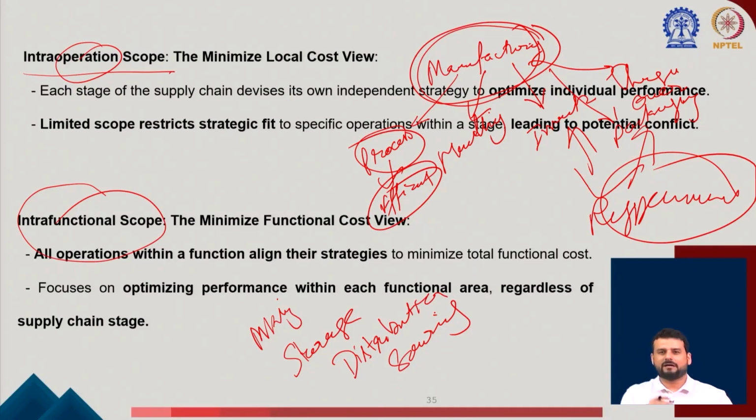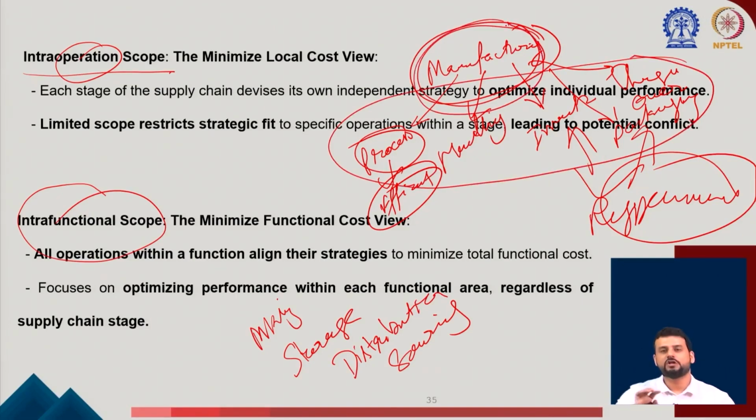But now we are moving to the next level, and we are saying that within one functional unit we will align all the strategies. That means all these activities and operations within the manufacturing function should be aligned. If we are talking about efficiency, then all should be aligned towards efficiency. So we are getting to the next level.